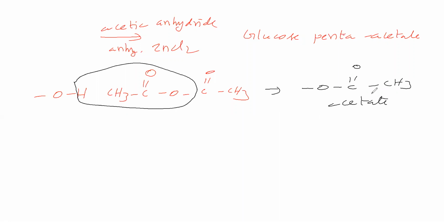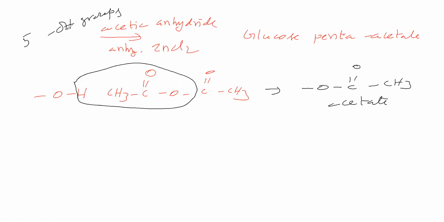That means an ester. So this reaction says that glucose contains 5 OH groups, because pentaacetate is formed. One OH group will give one acetate. Pentaacetate means 5 OH groups.